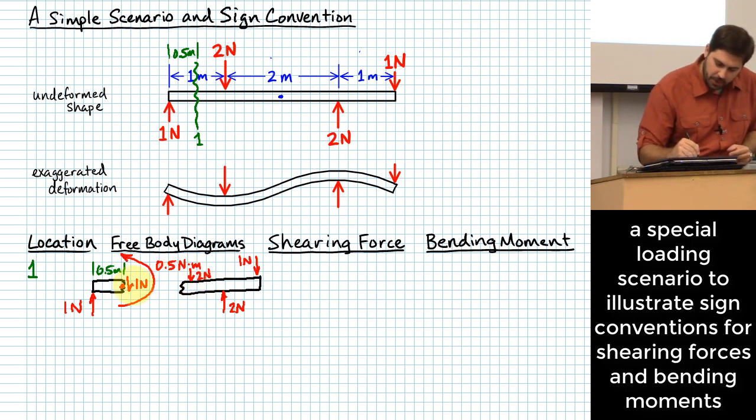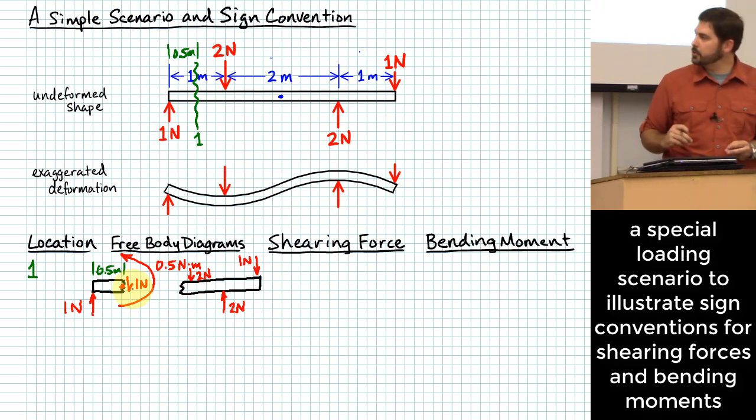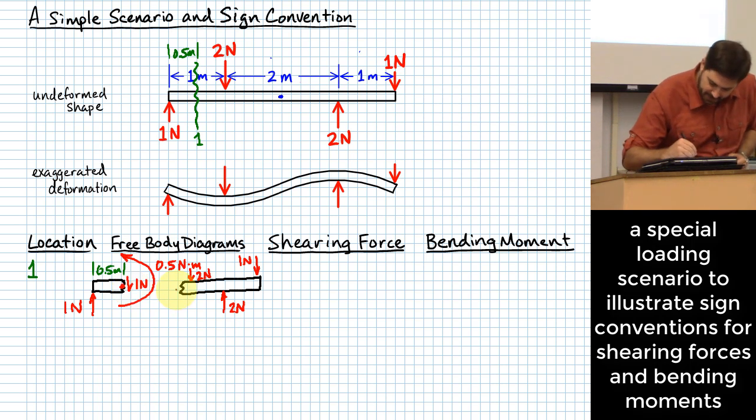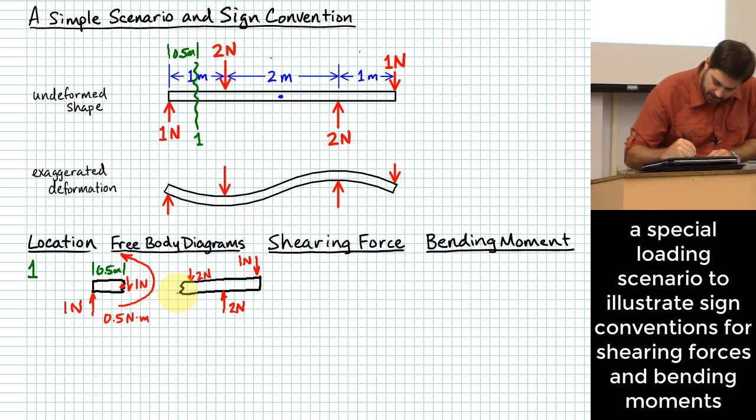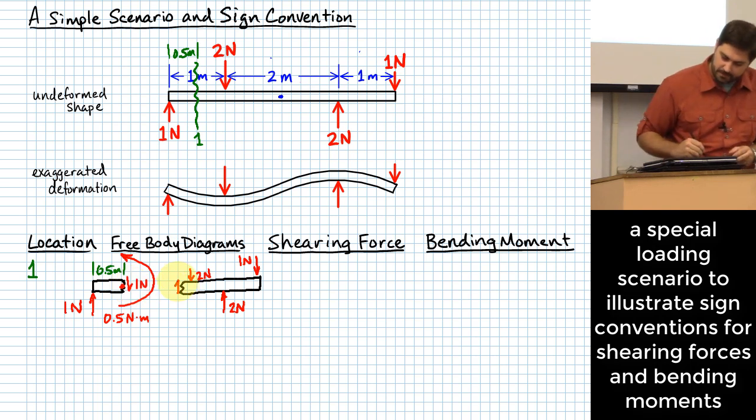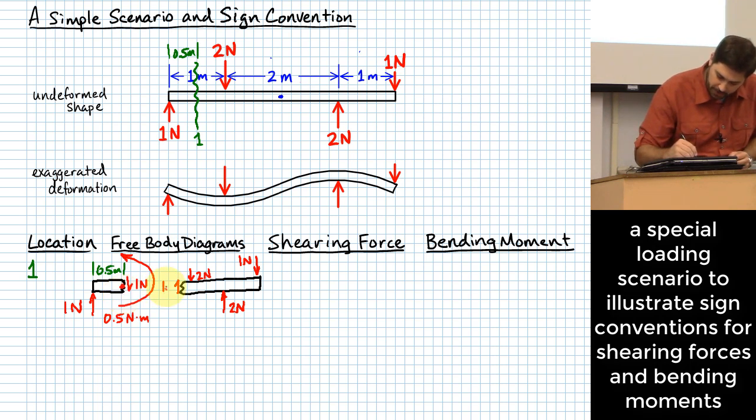If I had a 1 Newton downward shearing force on the left side, what do you think I'm going to have on the right side? Okay. By Newton's third law, it should be equal in magnitude, opposite direction. So if it was a downward 1 Newton force there, I should have an upward 1 Newton force here.